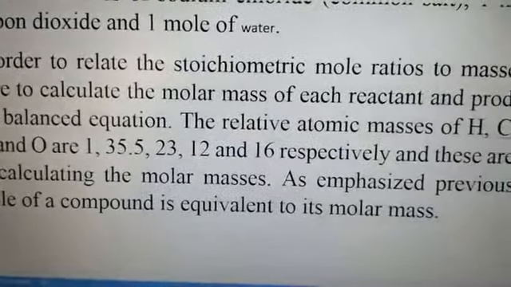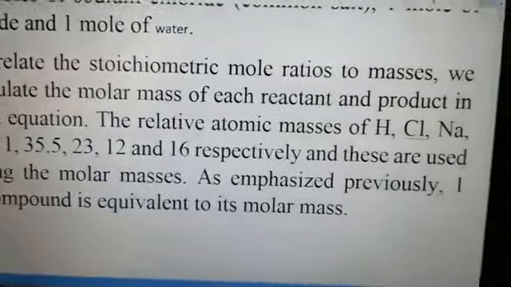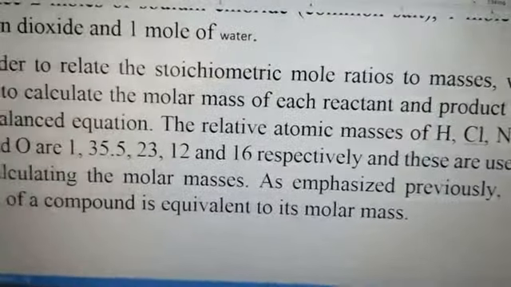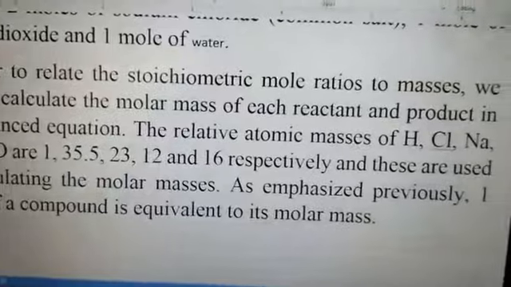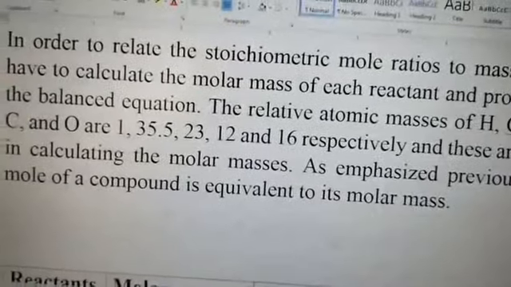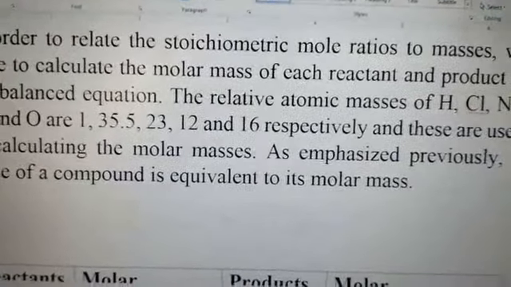The atomic masses are 1 for hydrogen, 35.5 for chlorine, 23 for sodium, 12 for carbon, and 16 for oxygen respectively. And these are used to calculate the molar masses as emphasized previously.